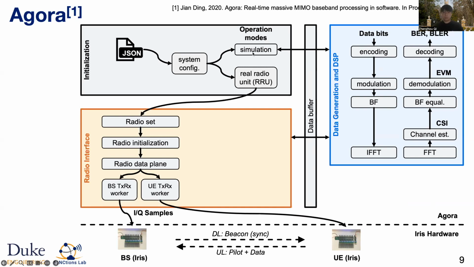In the simulation mode, Agora processes the emulated RU traffic generated by the host, whereas in the RU mode, which is the real radio unit mode, Agora processes IQ samples from the real radio hardware. Agora supports the Iris radio hardware from Skylark Wireless using the SoapyIris drivers, and has been integrated with the sub-6 GHz massive MIMO platforms as part of the POWDER-RENEW testbed.